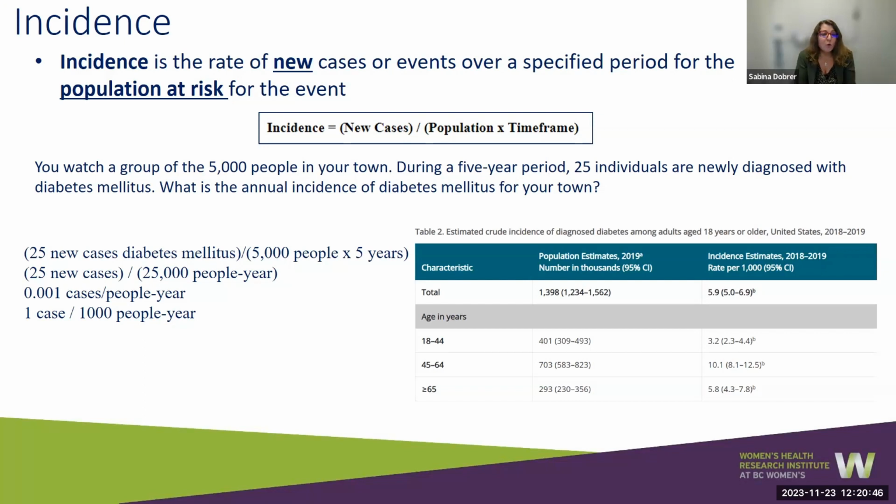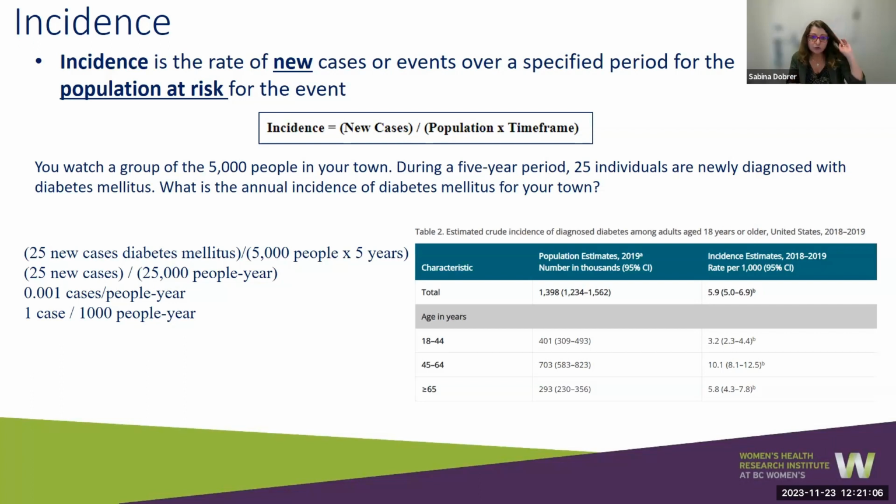So you can calculate that your incidence in this case will be 1 per 1,000 person years, people per year. So when you report incidence, you say person years. So it's risk population within a specific period of time.